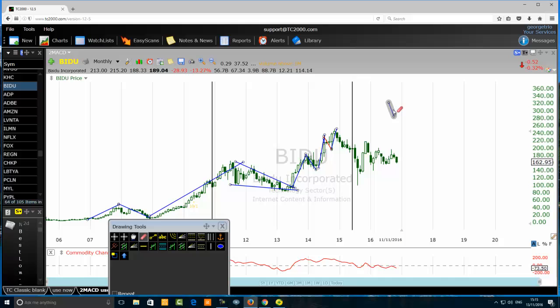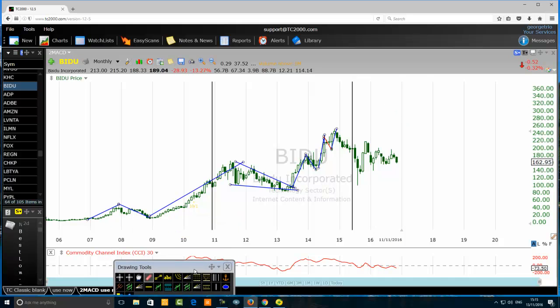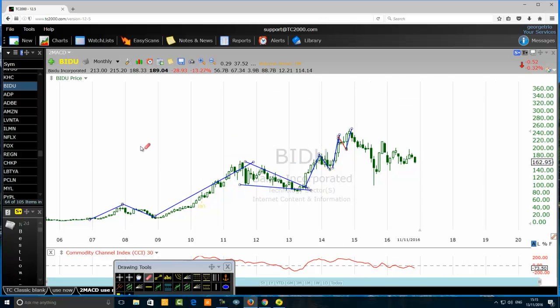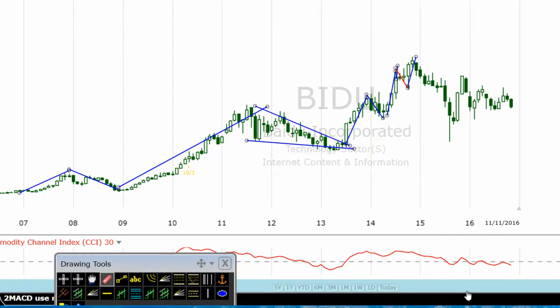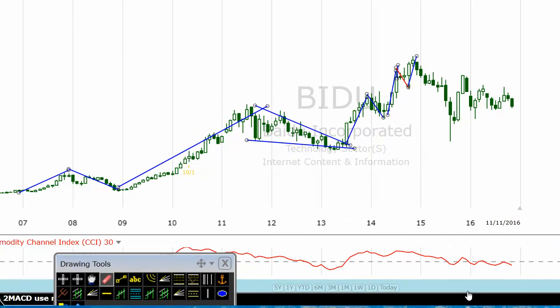So, as I told you, we have finished counting our wave. Talking about how to count Elliott wave one step at a time, we're going to proceed now with other verifications to see whether everything is aligning beautifully. You can also remember that on a yearly chart, I started drawing my Elliott wave channel to see whether traders that were trading this Baidu Incorporated stock were using the Elliott wave channeling.